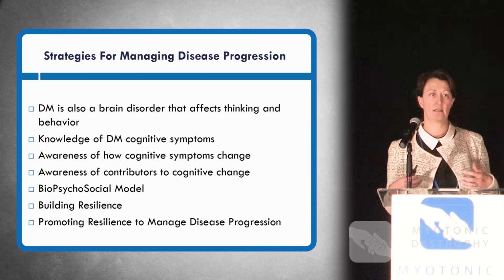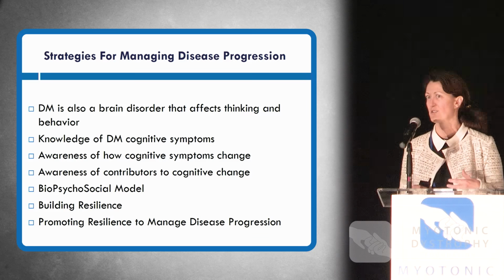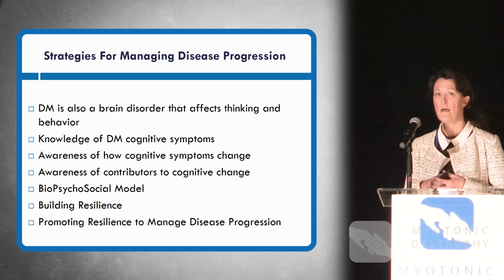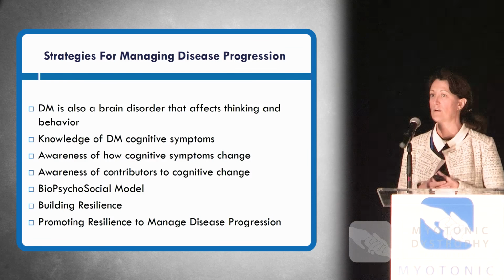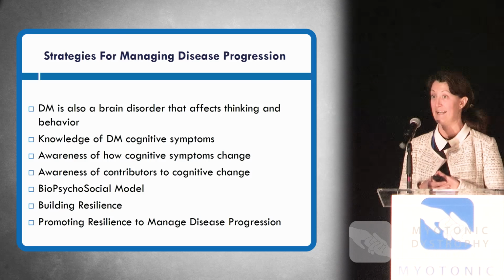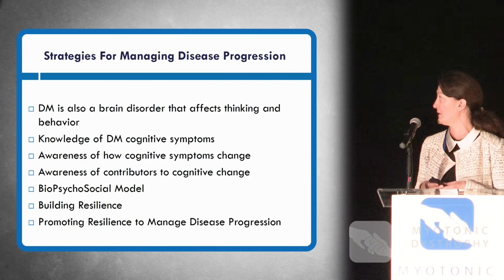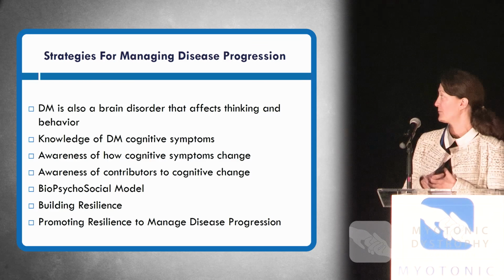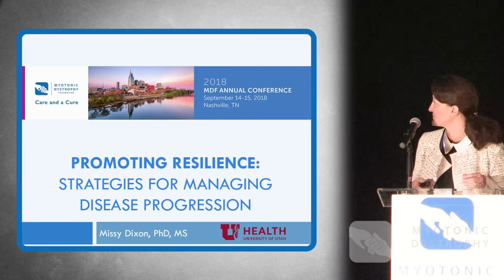This is an understanding of your symptoms in the context of a biological, psychological, social construct model. And then building resilience, so how you can move forward, understand your symptoms, and live a healthy and happy life with that. And I call that promoting resilience to manage disease progression.